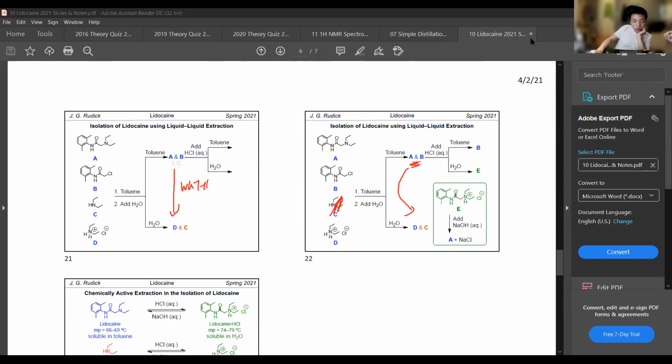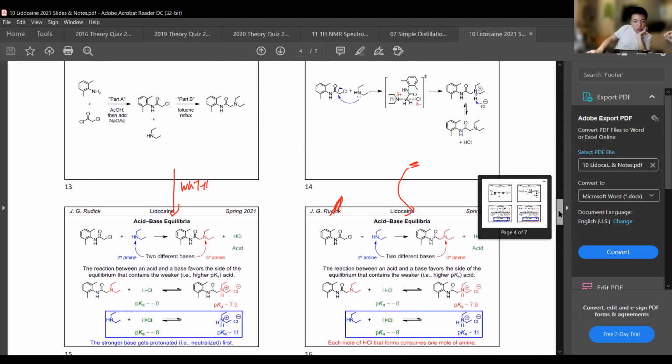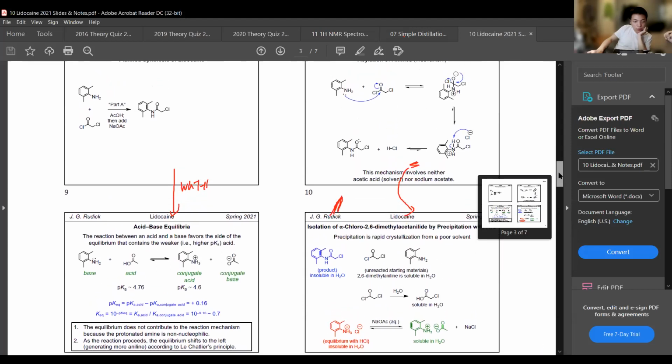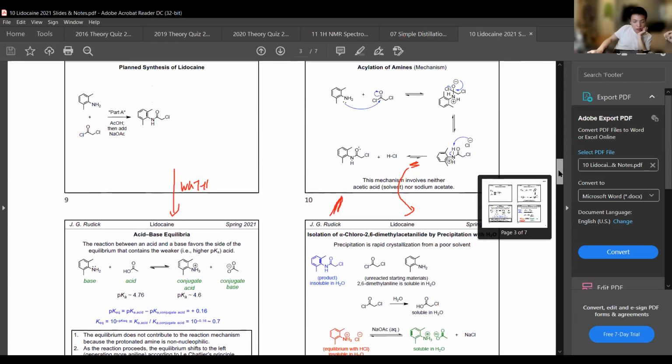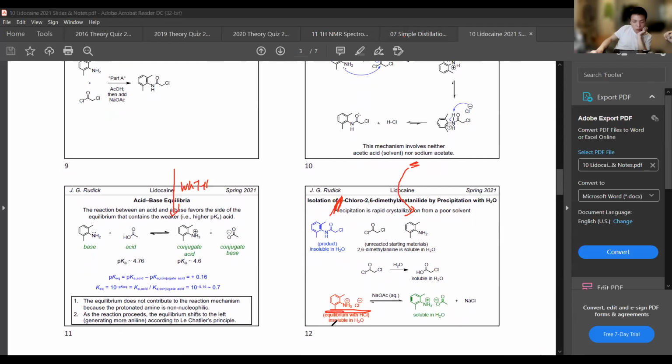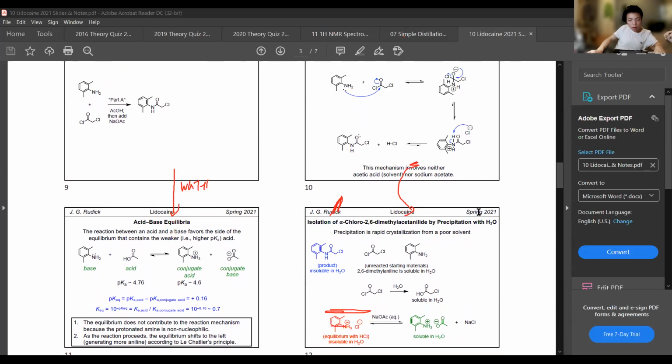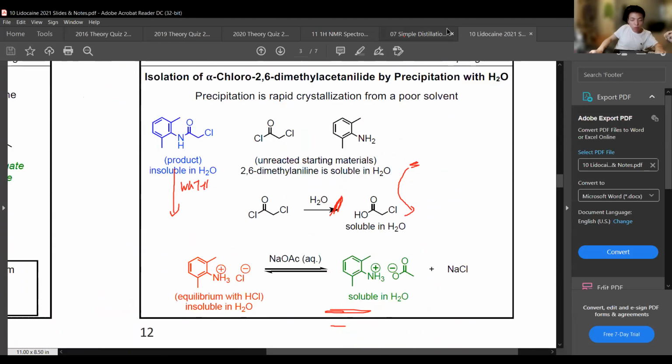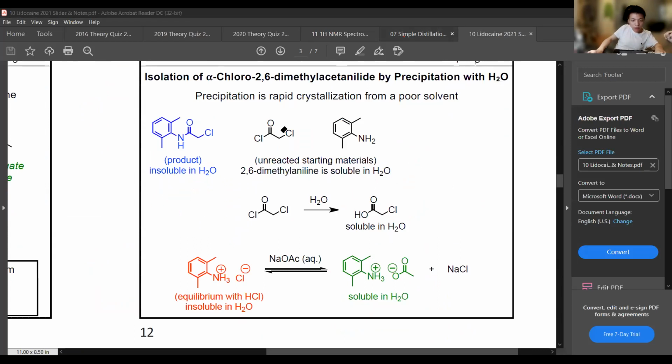And to another question in the chat, what does the sodium acetate do? The main purpose of sodium acetate is to convert one of the side products, which is insoluble in water, and we want to make that soluble in water.